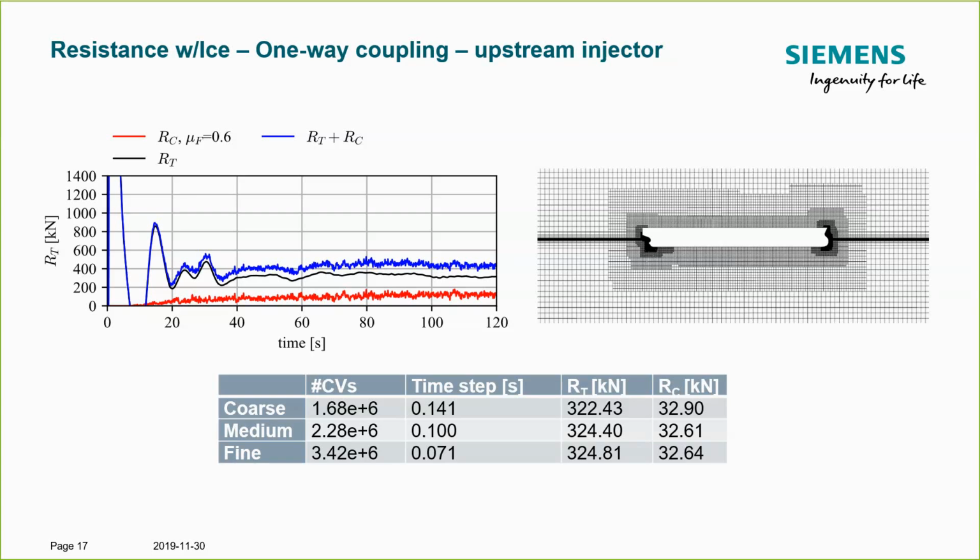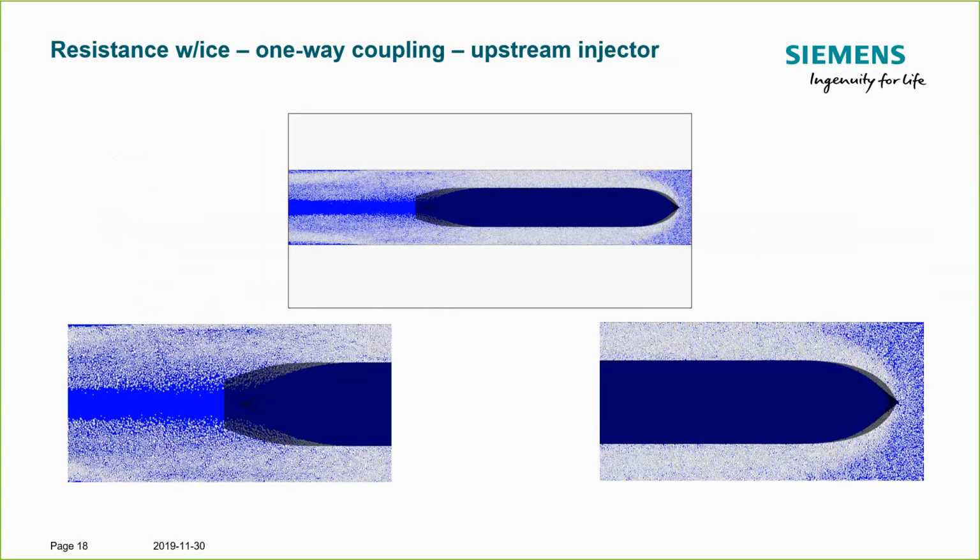Now let's look at a bird's-eye view of the ice field with this upstream injector approach. You can see a rather uniform distribution of ice particles as they make their way across the length of the hull. What can be said here is that their dynamics pretty much follow our intuition of fluid dynamics.